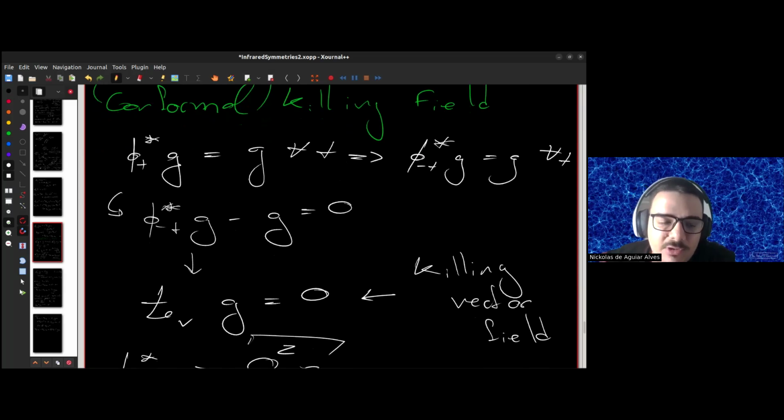So I did change t to minus t from here to here. But these two equations in here are actually equivalent. So I could have started with either one of them. I just started writing it this way because I found it a little bit clearer. But then I wanted to change the notation to get to the expression of the Lie derivative. So, sorry for that, but yes, you can use a minus t here.